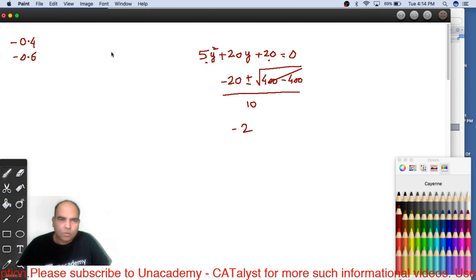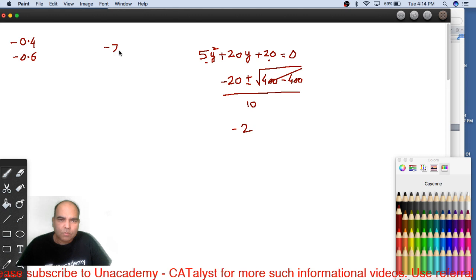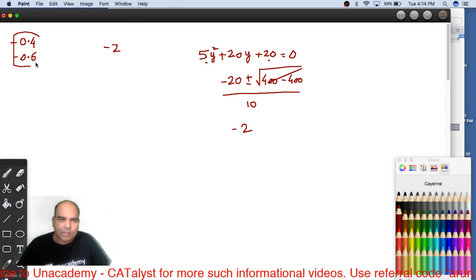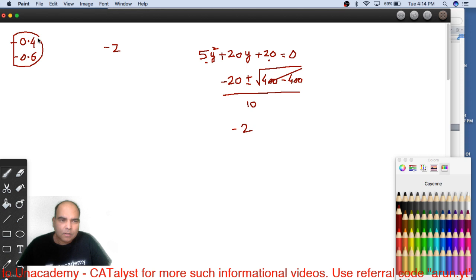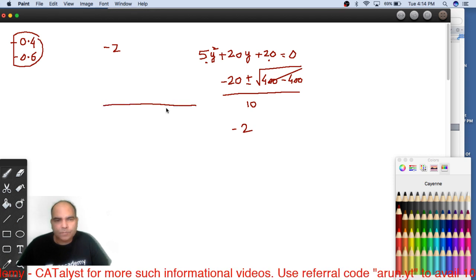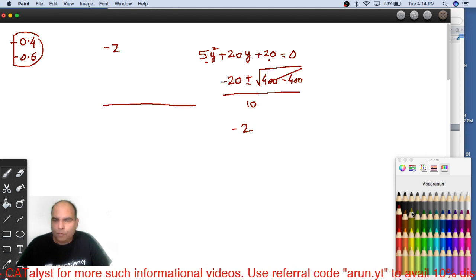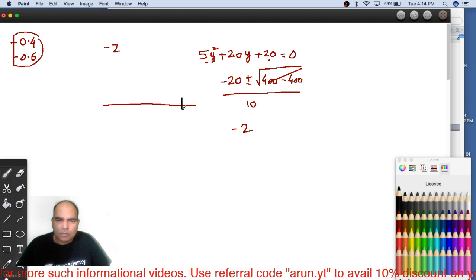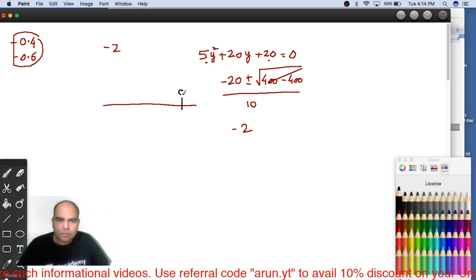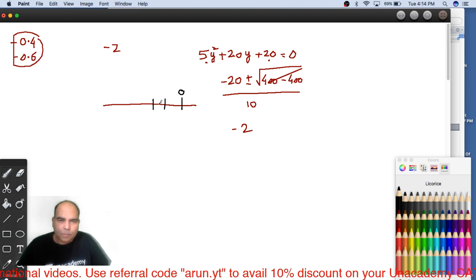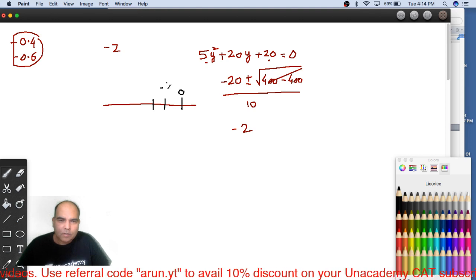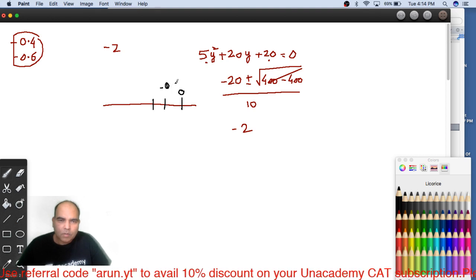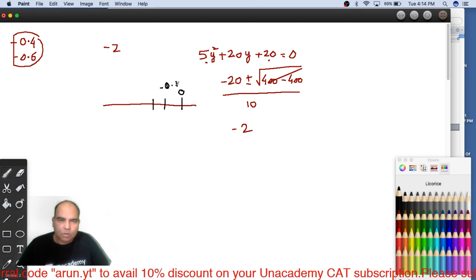So the value of y is clearly minus 2 and the value of x can be minus 0.4 or minus 0.6. So if you visualize this on the number line, if this is your 0, the value of x can be minus 0.4 or minus 0.6. These are the two possible values of x.